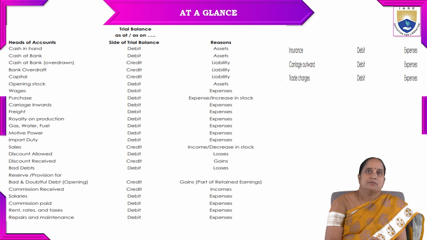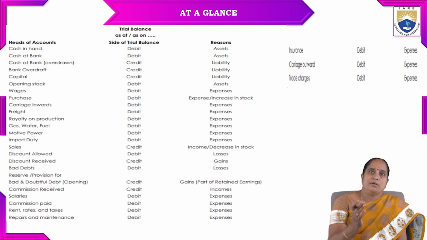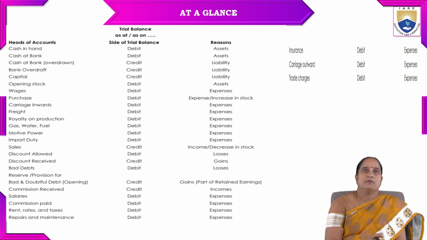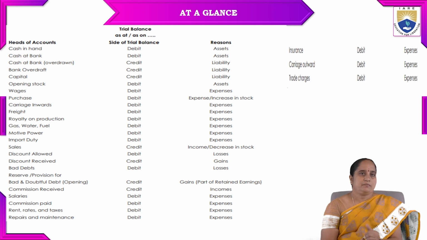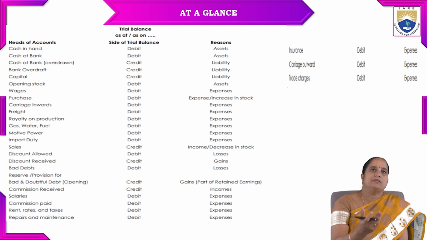So at a glance, I'm going to give what kind of heads of account should be mentioned in the trial balance statement, on which side, whether debit or credit, and what is the reason to enter on that particular side. So let us take a few of the things I want to discuss. Cash in hand should be mentioned on the debit side because it is an asset.